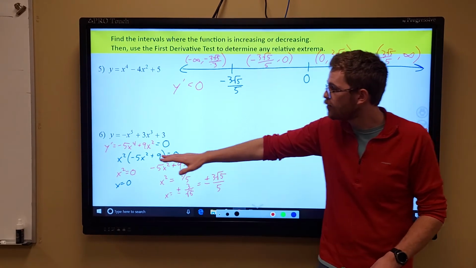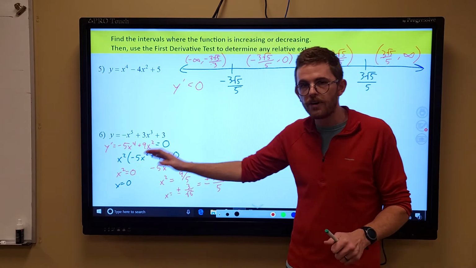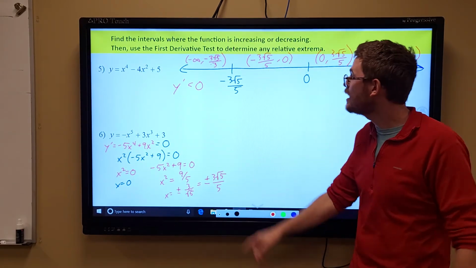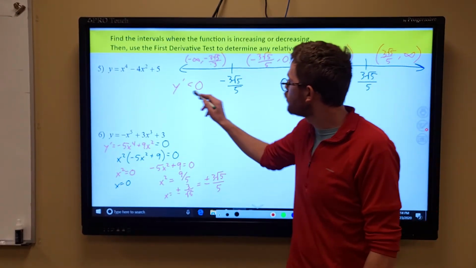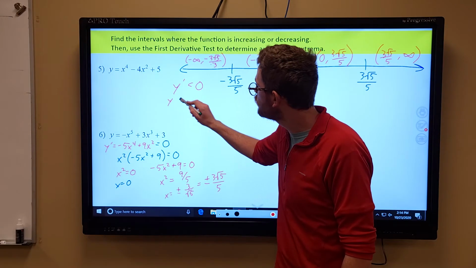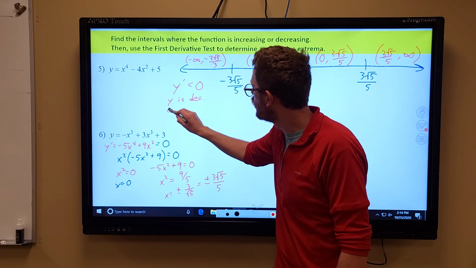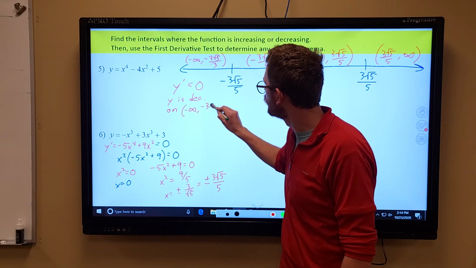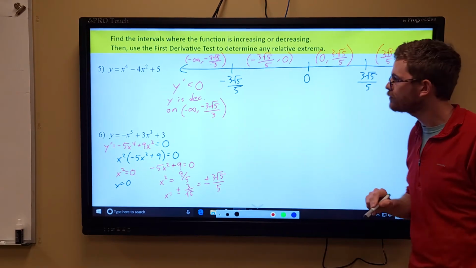So I was looking at my first derivative, and I determined that these values are making my first derivative negative on this interval. And we know that if our first derivative is negative, our original function must be decreasing on this interval from negative infinity to negative 3 root 5 over 5.